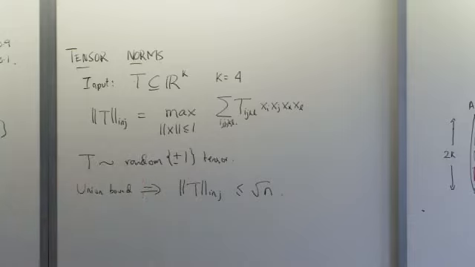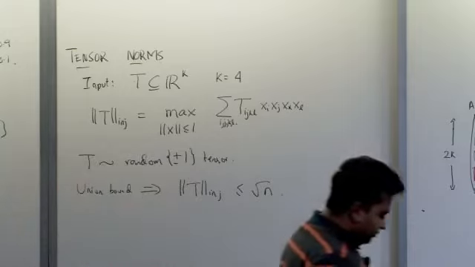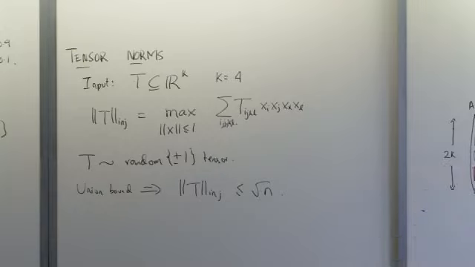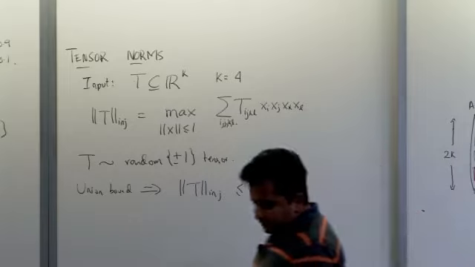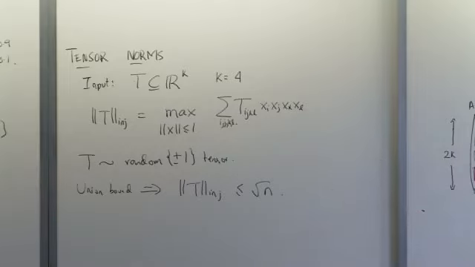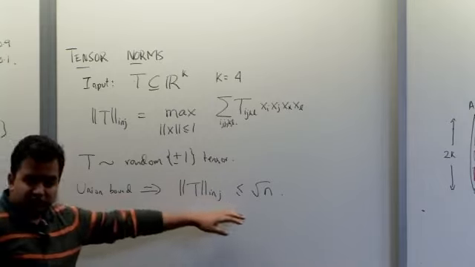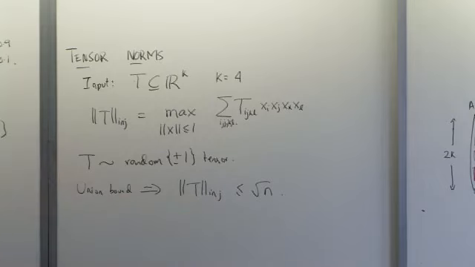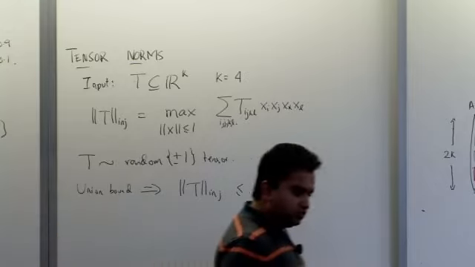For a random tensor, with high probability, by concentration, you know that if I generate a random tensor, the maximum of this polynomial is upper bounded by square root n. The question is, what can we efficiently certify? Meaning, what is an upper bound that we can easily compute?